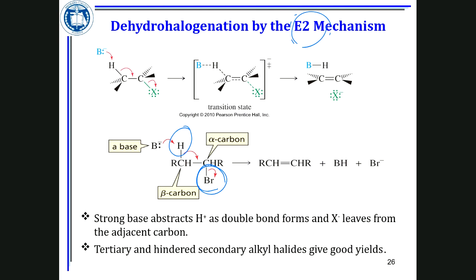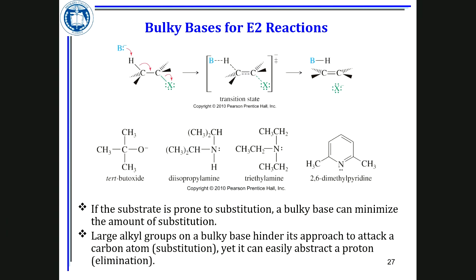The explanation for that is this halide that is leaving is electron rich. The base which is coming to remove the hydrogen also is electron rich. They don't want to be in the same neighborhood. So if the bromine leaving is in this neighborhood, the base should be on the opposite side for easier access. So anti-coplanar, remember, for E2 mechanisms.